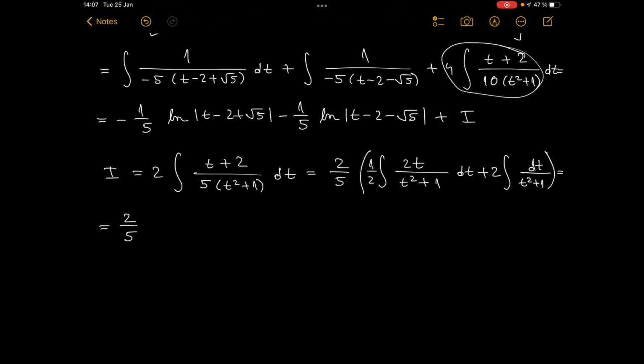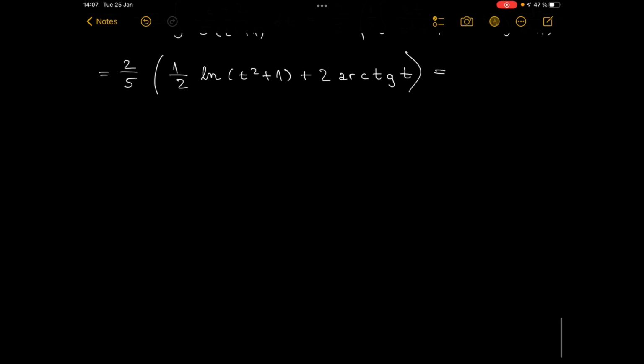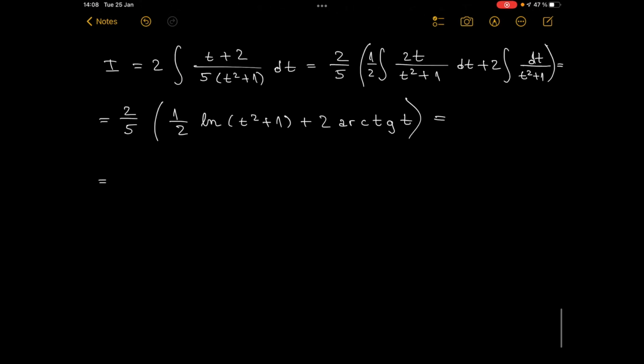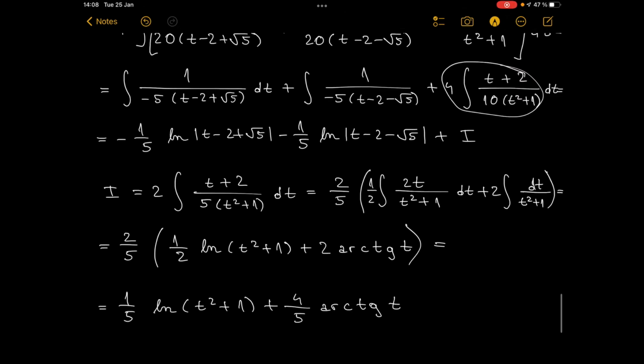And now these are extremely easy to solve integrals. 2/5 times 1/2 of the natural log of t squared plus 1, which is always positive, so we don't need the absolute parentheses, plus 2 times the inverse tangent of t, which is, once cross multiplied, 1/5 ln of t squared plus 1 plus 4 over 5 arctangent or inverse tangent of t.